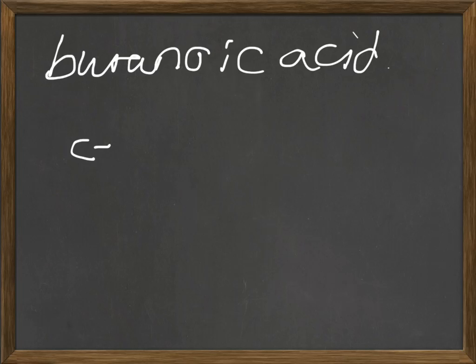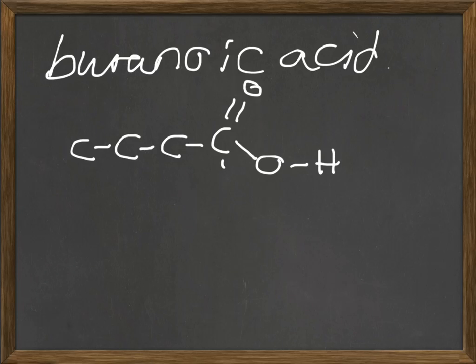Okay, so the displayed formula is simply 4 carbons because you've got but-, and we've only got 1 oic acid group, and that's on carbon number 1. And then remember to put all the hydrogens in as well in a fully displayed formula.